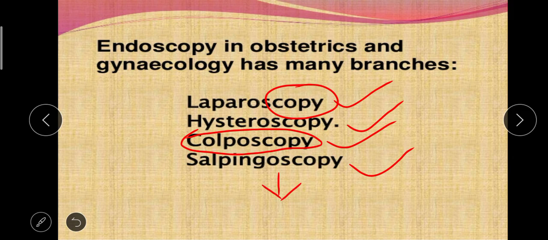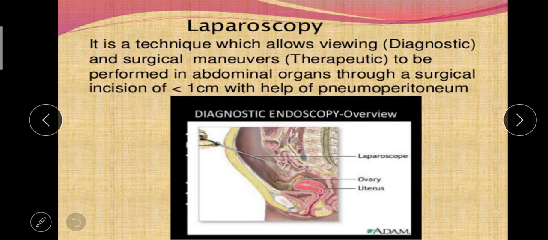If you are going to visualize the fallopian tube, it is called salpingoscopy, and if you are going to visualize the whole uterus, it is called hysteroscopy. If you are going to observe the abdominal part outside the uterine part, that is called laparoscopy.